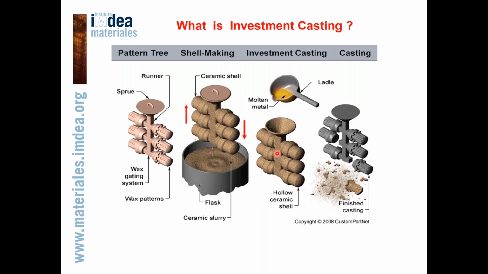This molten metal fills the interior of the hollow ceramic shell, and after solidification and cooling, the ceramic mold is broken and removed, and the obtained complex shaped parts are subjected to surface finishing and to additional heat treatments if necessary to reduce the residual stresses or to modify the microstructure.